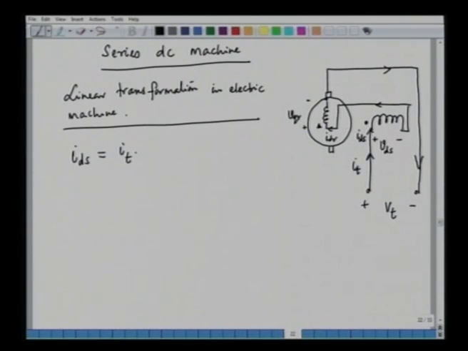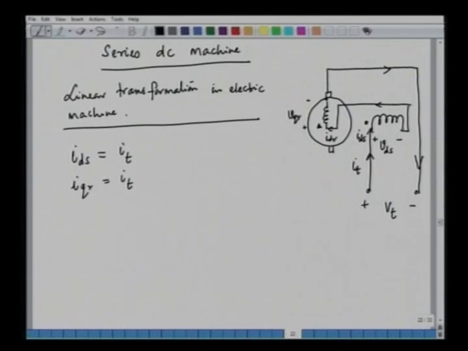Now, IT is the terminal current or the machine current, and similarly I can say that IQR is also equal to IT, because the field current is the same as the armature current. So IDS is the field current and IQR is the armature current, and both of them are the same. So IDS equals IT and IQR also equals IT. IT is the machine current that is coming from the supply.